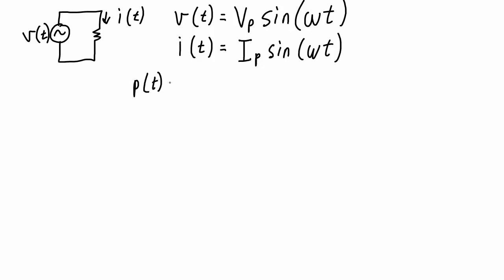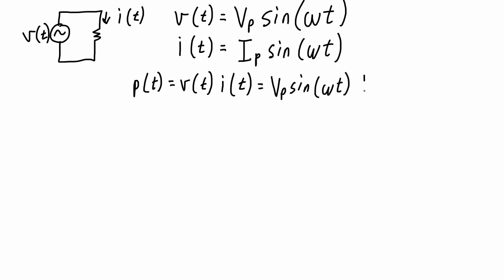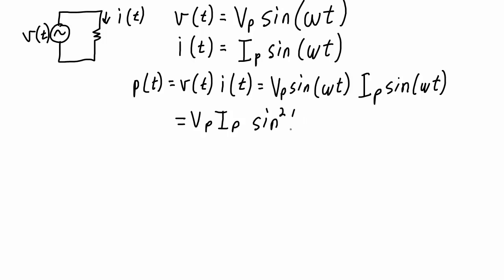To calculate power, we multiply voltage times current. So that'll be Vp sine omega t times the peak current, IP, sine omega t. Now if we multiply this out, I get Vp times IP times sine squared omega t.